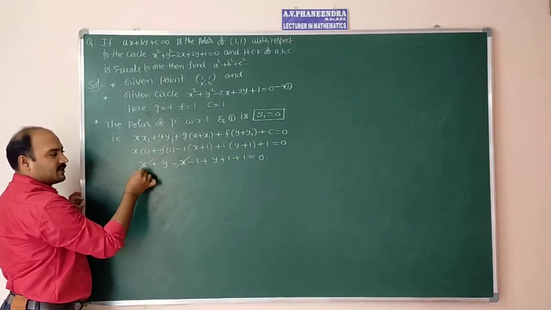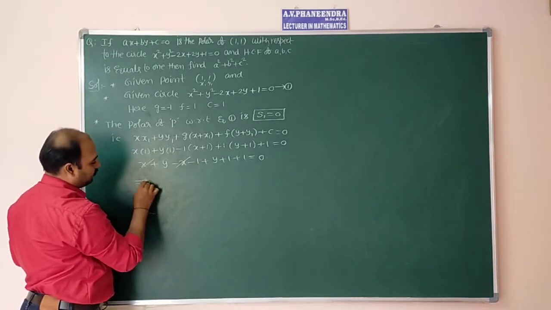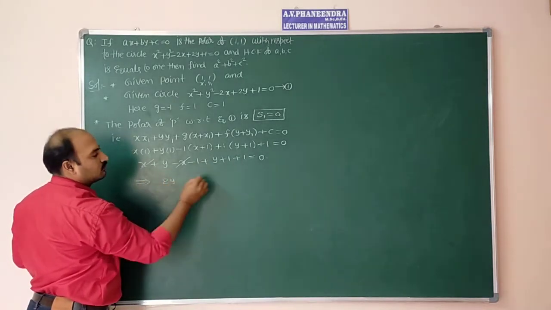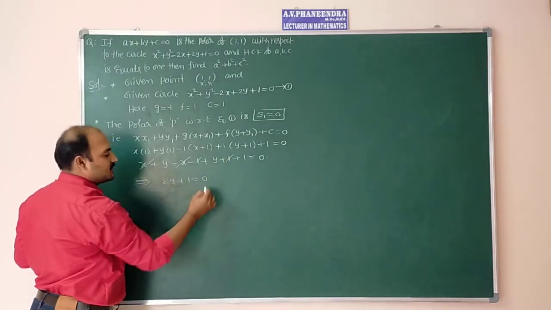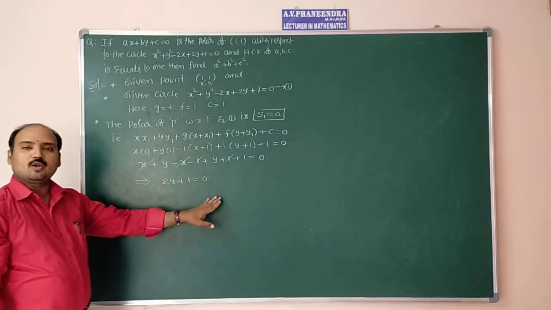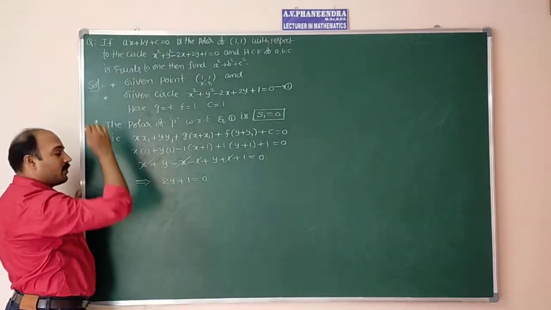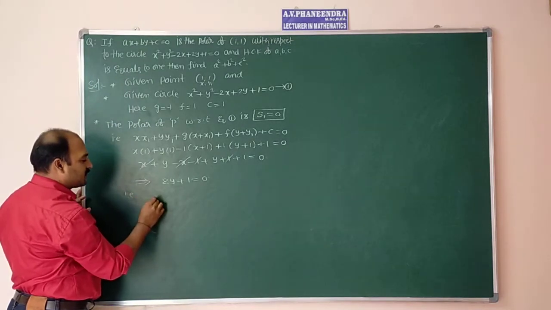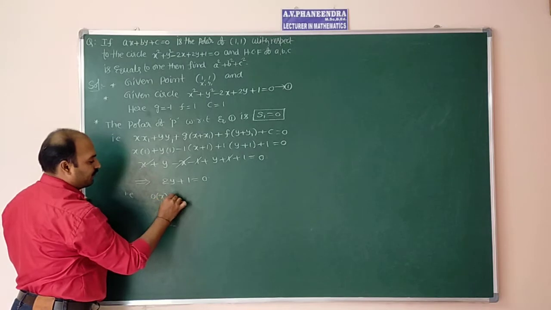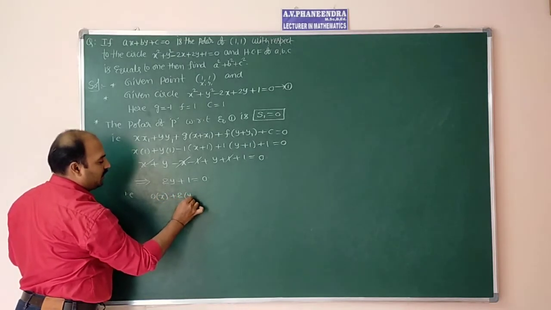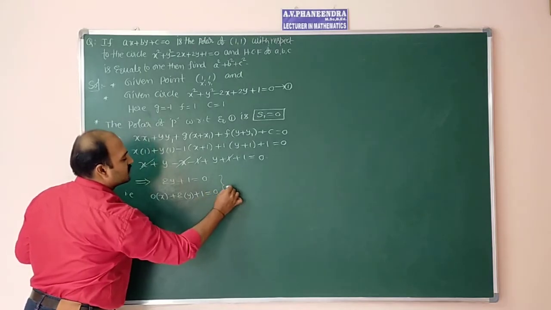Minus x plus x get cancelled. y plus y is 2y, plus 1 minus 1 also cancel. So the remaining is 2y plus 1 equal to 0. This equation you have to write in the form of ax plus by plus c, that is, we can express it as 0 into x plus 2 into y plus 1 equal to 0. Both the equations are same.